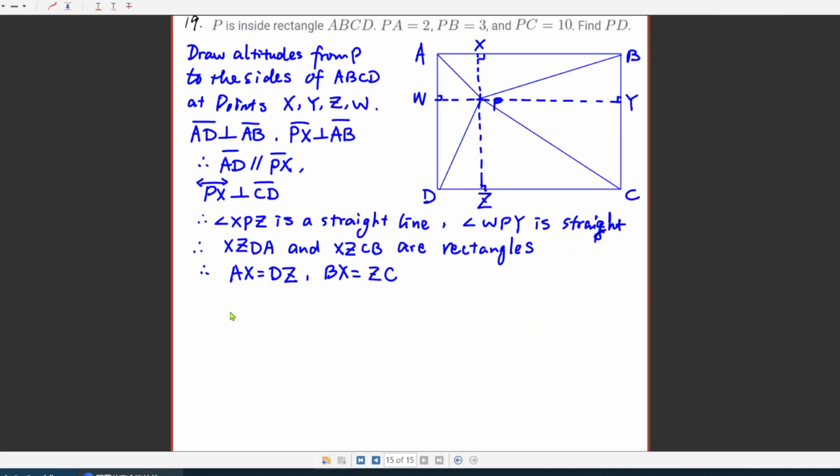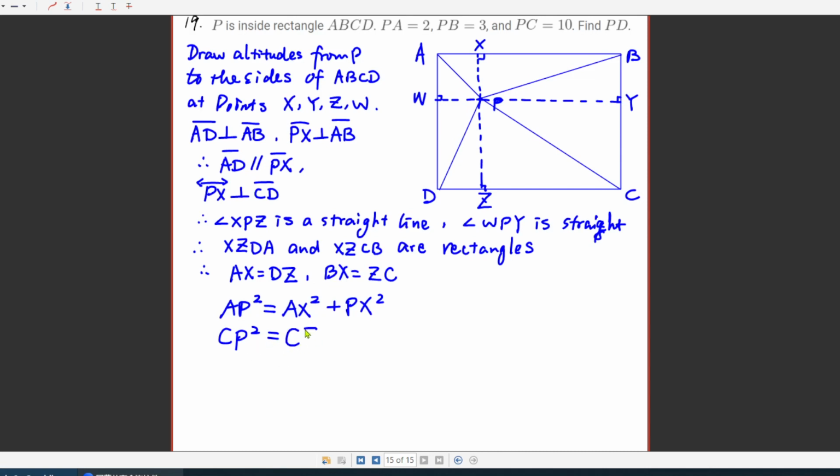We can then use the Pythagorean theorem to find, first of all, AP squared equals AX squared plus PX squared, right? And CP squared, we have the hypotenuse, right? Therefore, we have 4 Pythagorean formulas.